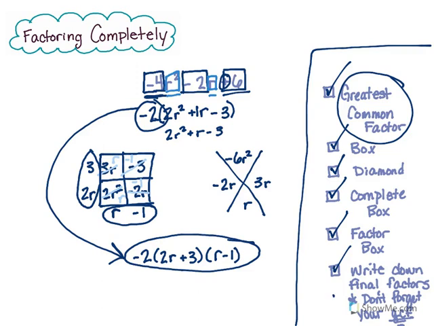I would maybe even add a little box down here with your don't forget your greatest common factor, because that's one of the areas that I think a lot of people miss, is they'll just write 2r plus 3 times r minus 1, and they'll forget that they pulled out that negative 2 in the beginning. So that's a really important step as well.